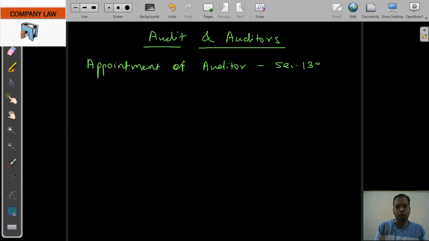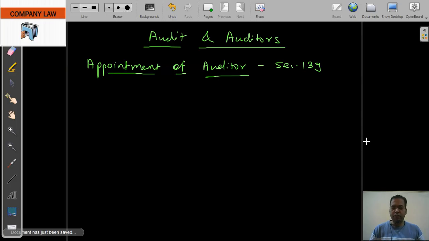Section 139 provides that every company shall, at the first general meeting, appoint an individual or a firm as an auditor of the company.